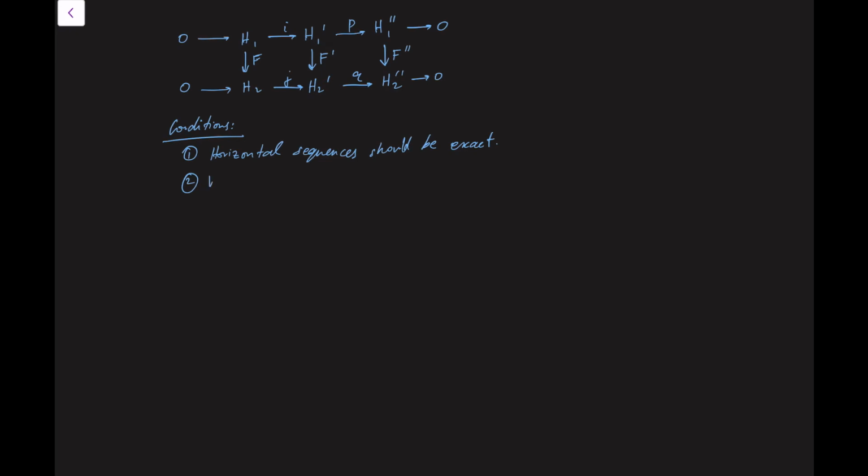We also want the vertical maps, f, f prime, and f double prime, to be Fredholm. And the third condition is this diagram should commute.